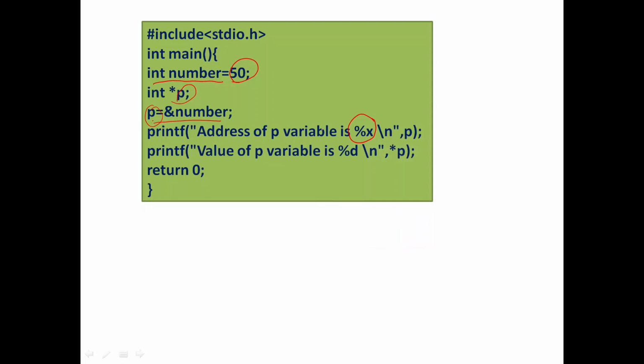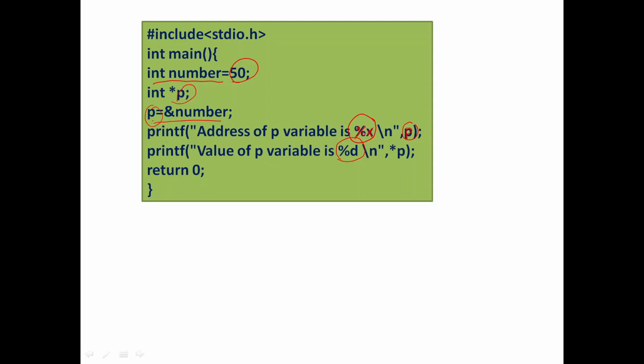For integers and all we use the control string %d, but to print an address value we have to use the control string %x. This %x will be used whenever we want to print the address of a variable. Since we have the address in the pointer variable, when we simply give the variable name without any preceding operator, it will return only the address stored in p.